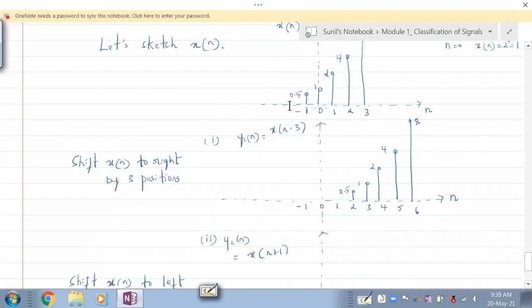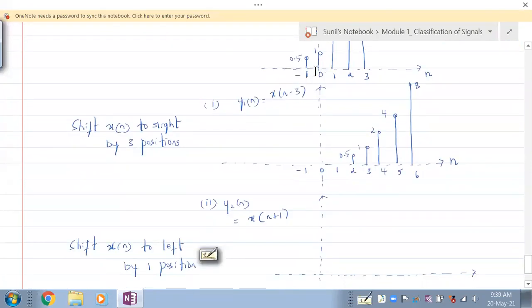So what would happen? The one which is starting at -1 would now start at -2. Because here you have 0.5, here you have 1, here you have 2, here you have 4. Then you have a sample of amplitude 8.